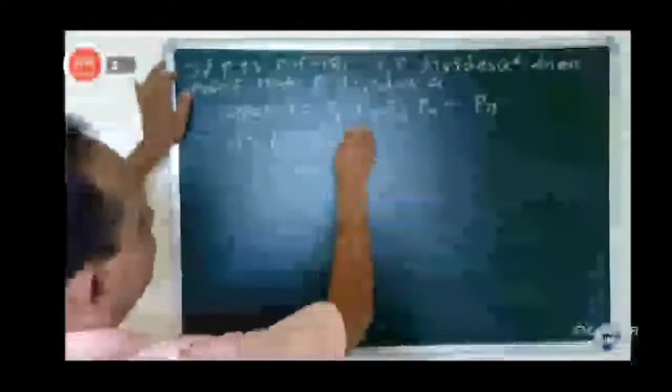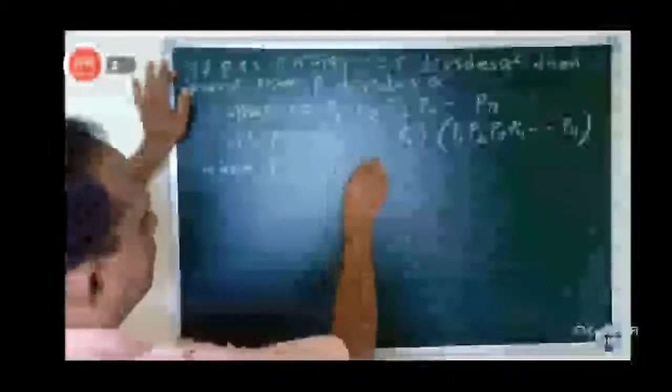If p divides a square, then a square equals p1 into p2 into p3 up to pn, into another p1, p2, p3, p4 up to pn.